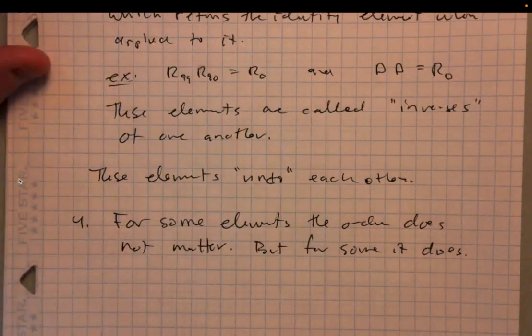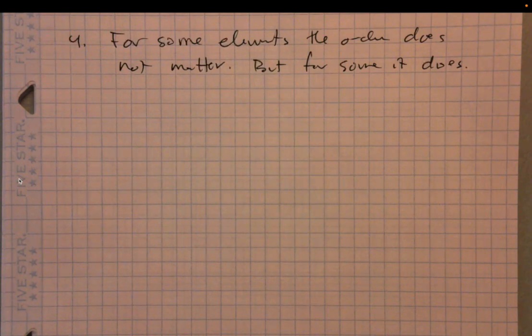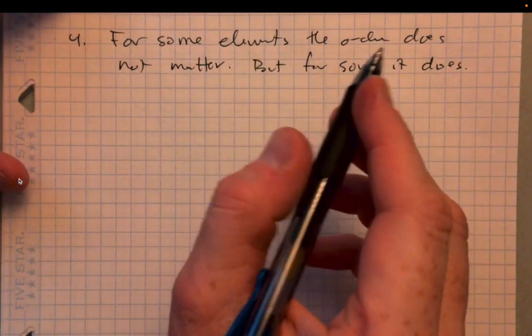Sometimes we'll encounter groups where order doesn't matter for any of the elements, and we call that a commutative group. The dihedral group is not a commutative group, but we can see this property in the table for some of the elements.